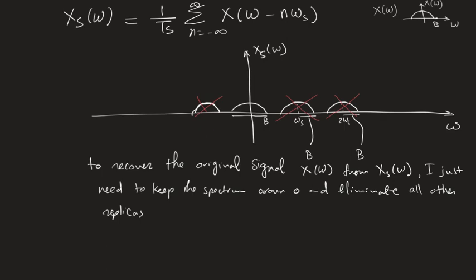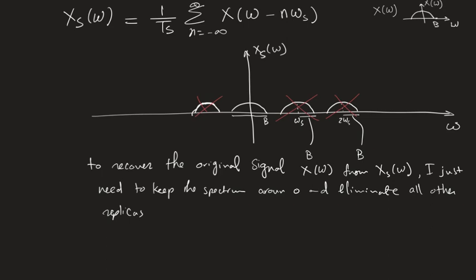That's the effect of sampling. So if I want to recover the original continuous signal, looking at the frequency domain it's apparent: if I can get rid of those guys and only keep this one, I have recovered my original X of omega, which means I've recovered my x of t, the continuous-time signal.